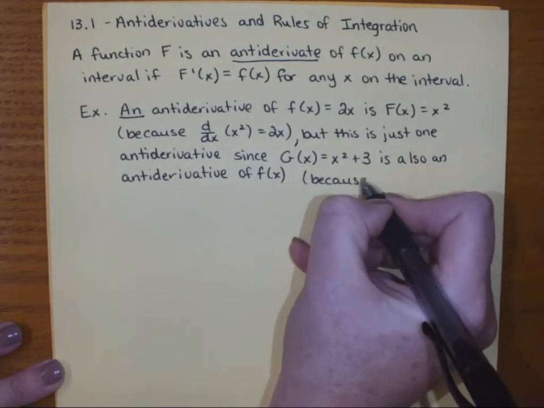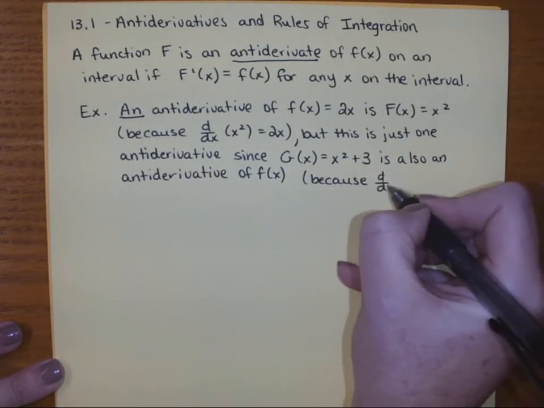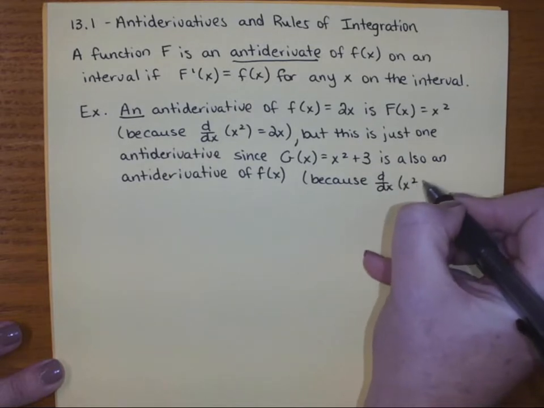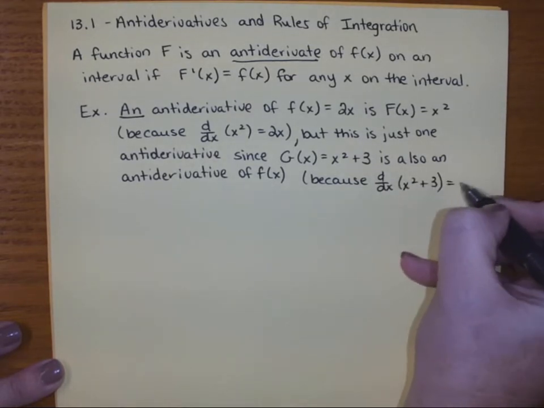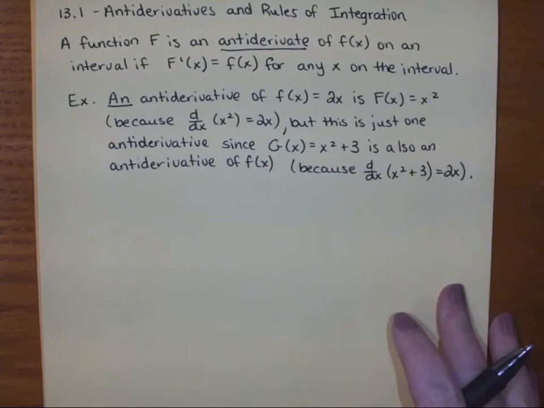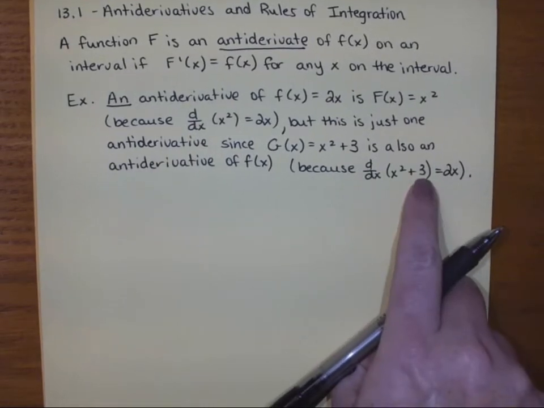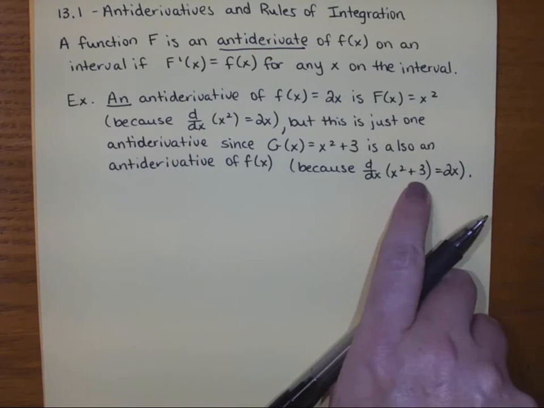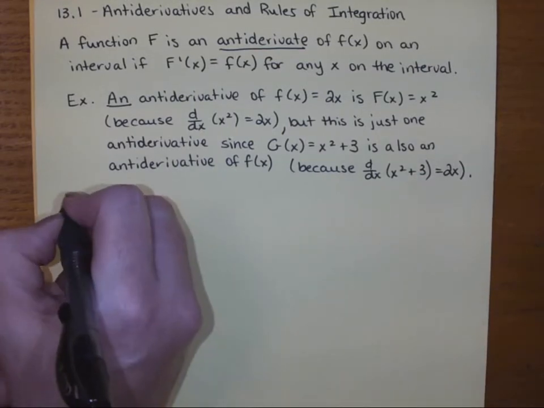Okay, so again, it's kind of like you have the result already, you have the derivative already, and you're trying to backtrack and decide what the function would have been. So notice really any constant could have been put here, right? And that's because if you take the derivative of a constant, you just get 0.